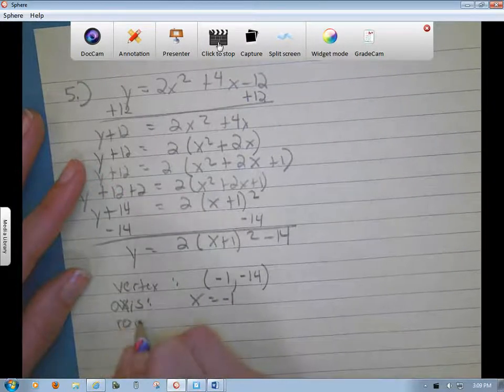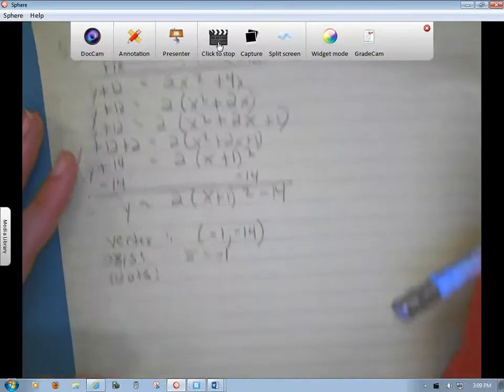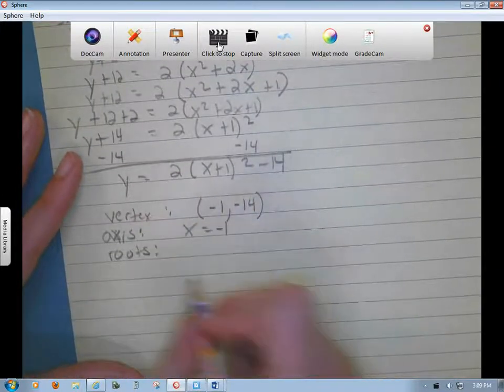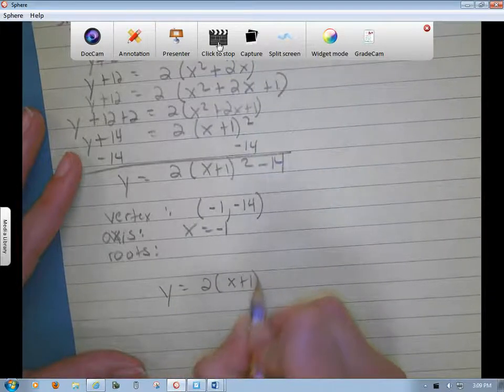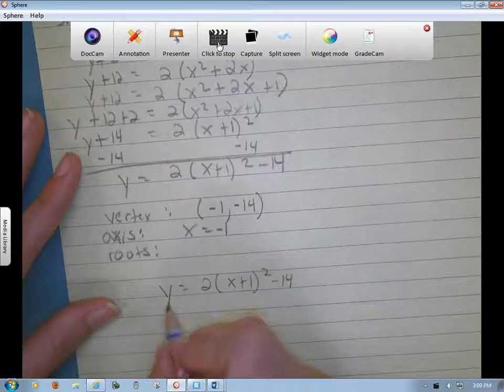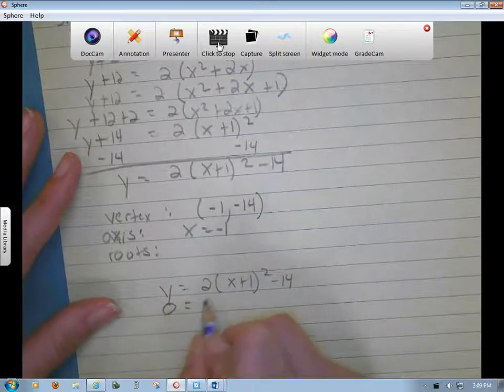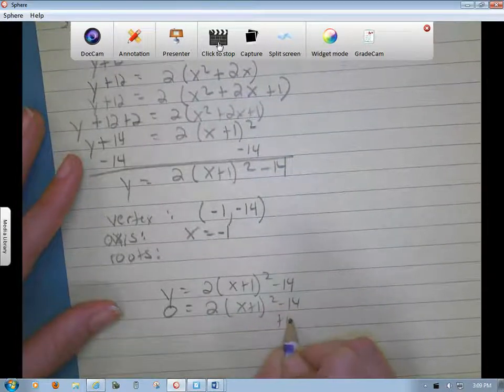And then, of course, I have to find my roots. So to find my roots, I can use my equation. And in order to cross the x-axis, y has to be 0. And then I'm going to just do algebra.